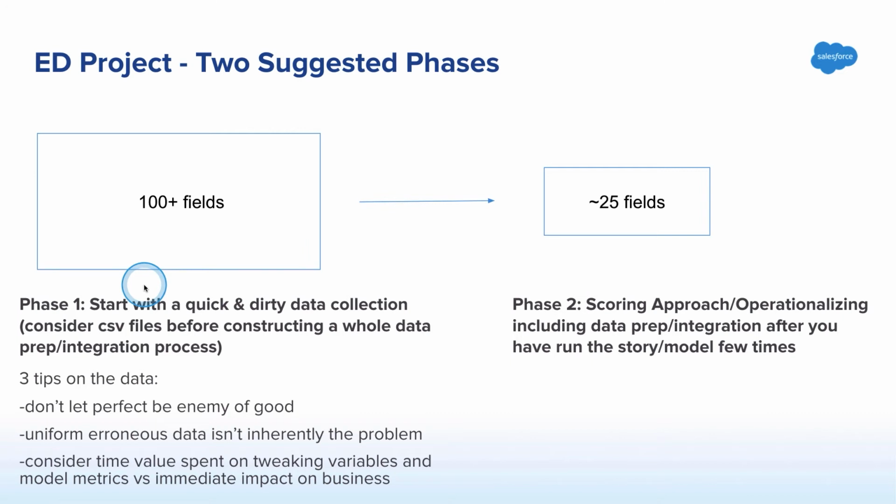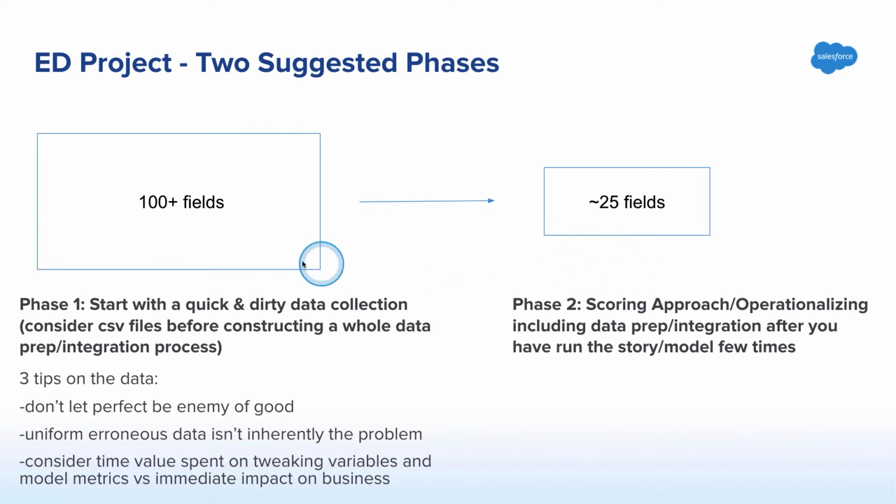Get them, figure out what things you need to clean or create, because out of the 100 plus or 200 plus or 300 plus feeds, you're not going to be using all of these for your one particular model. You're going to see that in general they all consolidate to 25, 30 maximum fields per story, per particular use case, such as opportunities in these stages versus opportunities in other stages, etc.